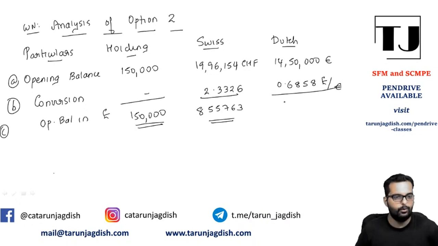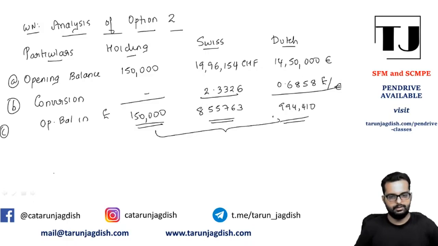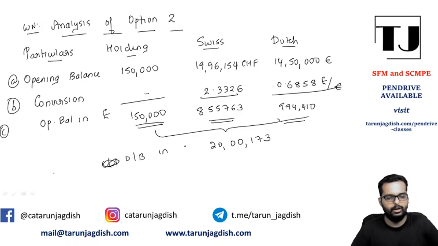That is 994,410. Alright, so once you add up these three, what is the answer you get over here? You get the number as 20,00,173. This is the opening balance in sterling.